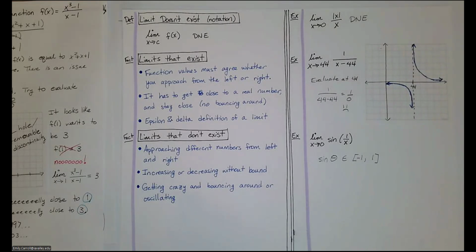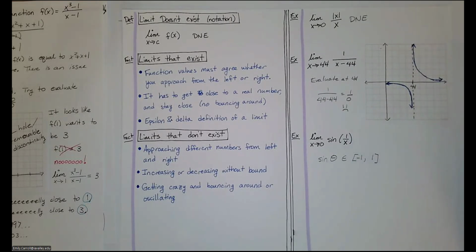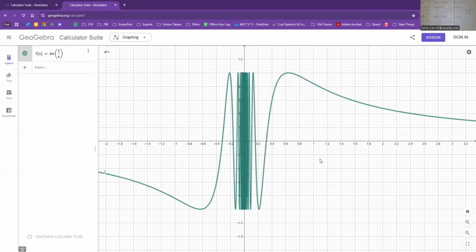The problem is x isn't allowed to be 0 in there because you would be taking sine of 1 over 0, and you can't do that. But what happens as it's trying to get close? Here's our graph. And this is the crazy oscillating that I was talking about.